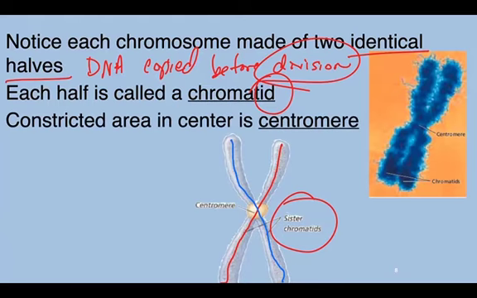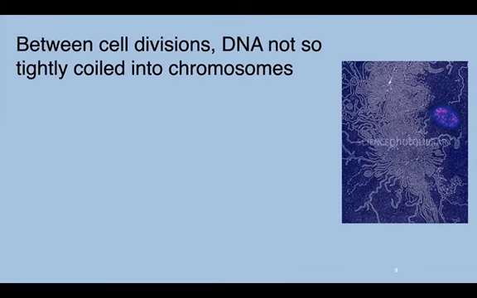Now, the constricted area in the center is called the centromere. So sister chromatids are attached at the centromere. What you're looking at in this picture is a photograph of chromatin.